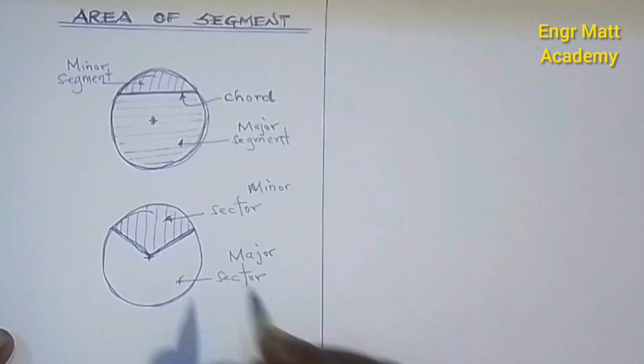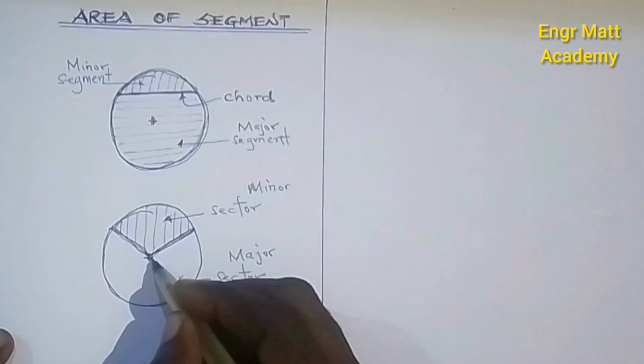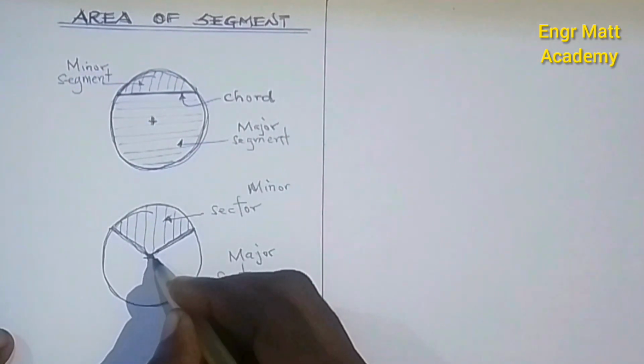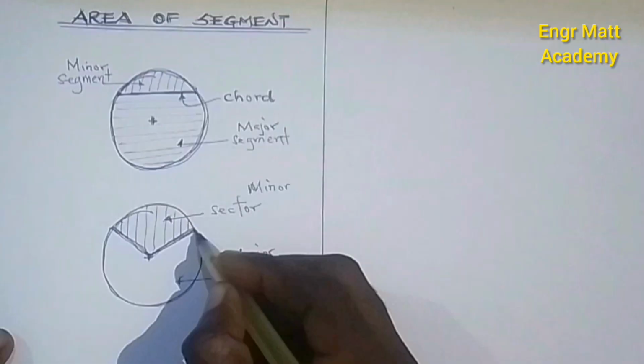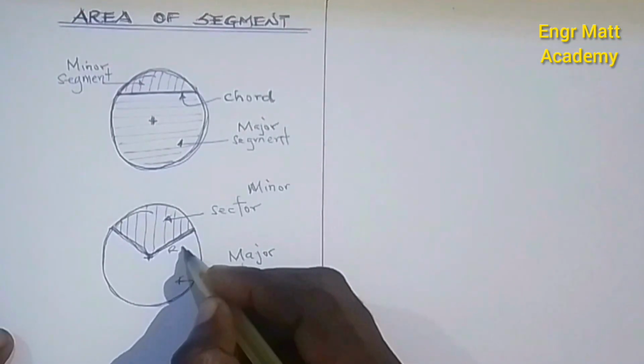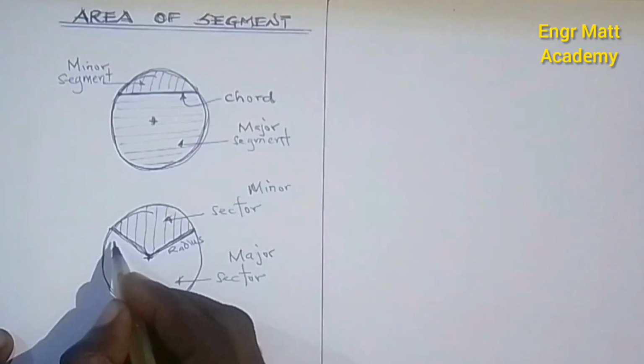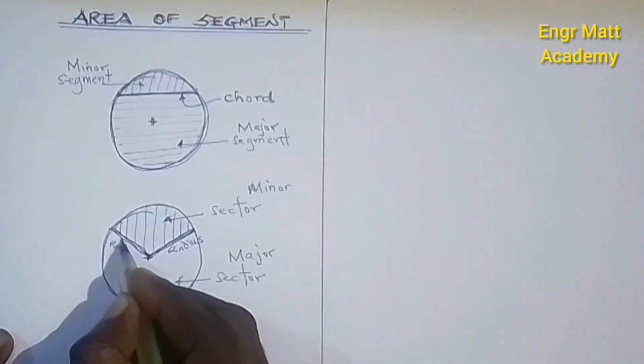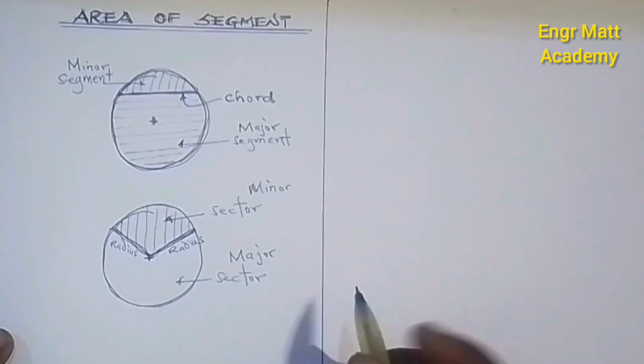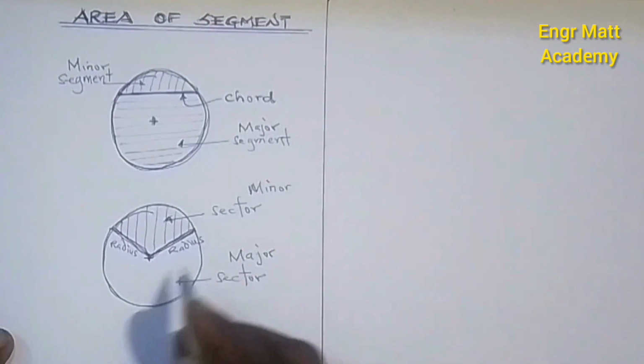One more thing, this side that moves from the center of the circle to the circumference is called a radius, and this other side is also a radius. So a sector has two radii.